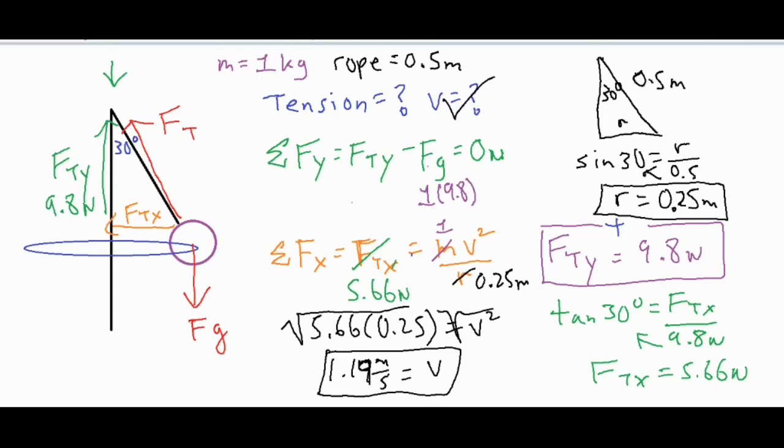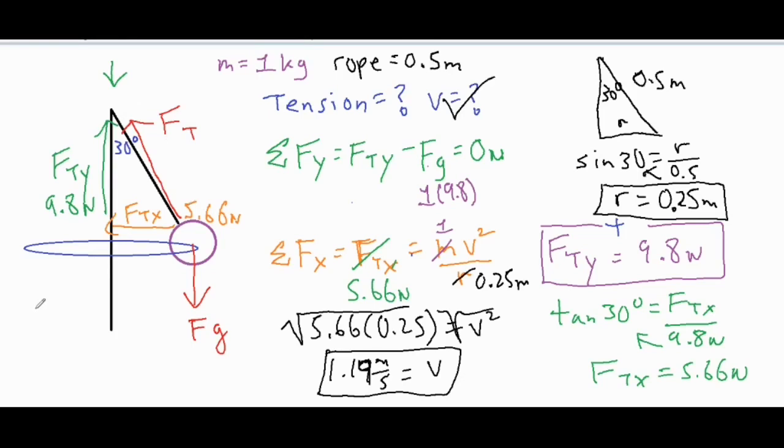We could have solved for our tension earlier, so let's go ahead and slide back to our force triangle and finish solving that. So we already know that FTY is 9.8, and we know FTX is 5.66 newtons. So we could use either of those two sides in combination with a 30-degree angle in order to get the hypotenuse of the triangle, which is FT.